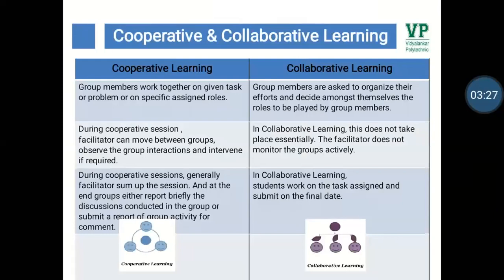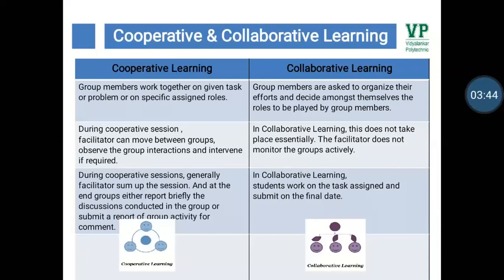Now let us discuss the difference between cooperative learning and collaborative learning. In cooperative learning, group members work together on a given task or problem, or on specific assigned roles.